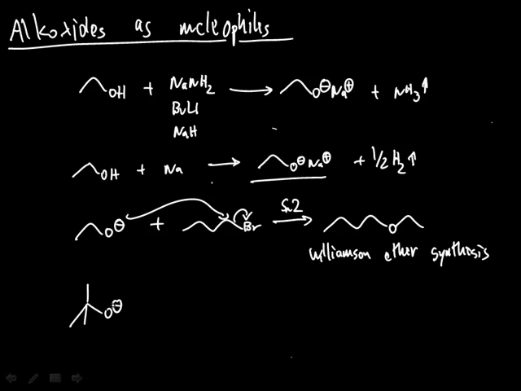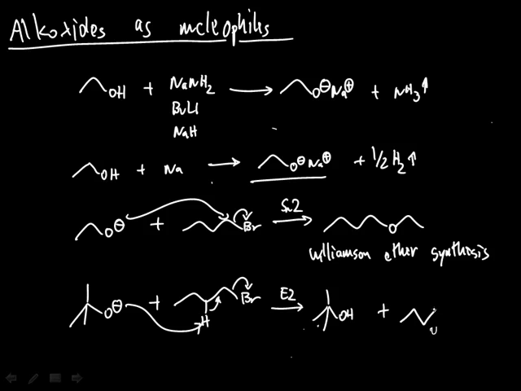So if we have a t-butoxide and this very same substrate, instead of getting the SN2 reaction, we will get an E2 reaction where the alkoxide instead attacks this hydrogen, establishes a double bond and bromine leaves to give us ultimately protonated alcohol, alkene, and Br-. Okay. And so alkoxides can be useful both as nucleophiles and as bases, but they rarely achieve both functions at the same time.